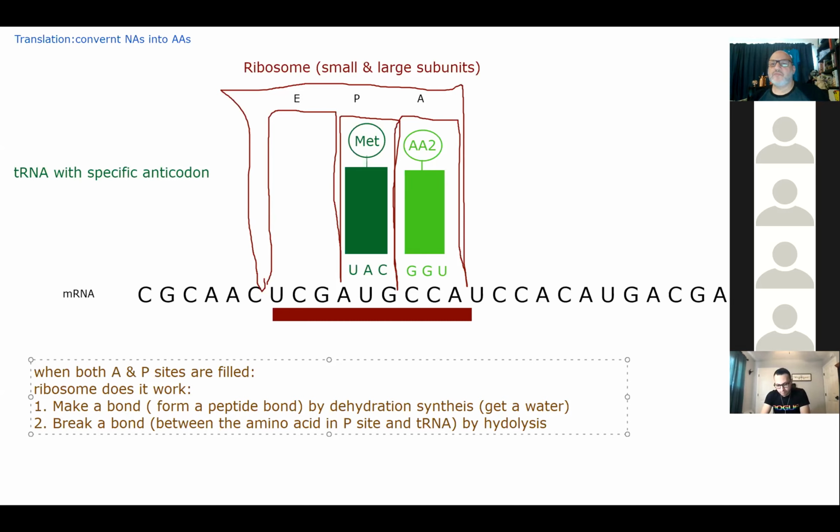So, step 1. We make a bond between the 2 amino acids. When we make that bond between the 2 amino acids, as a result of that, we pull out of it a water.